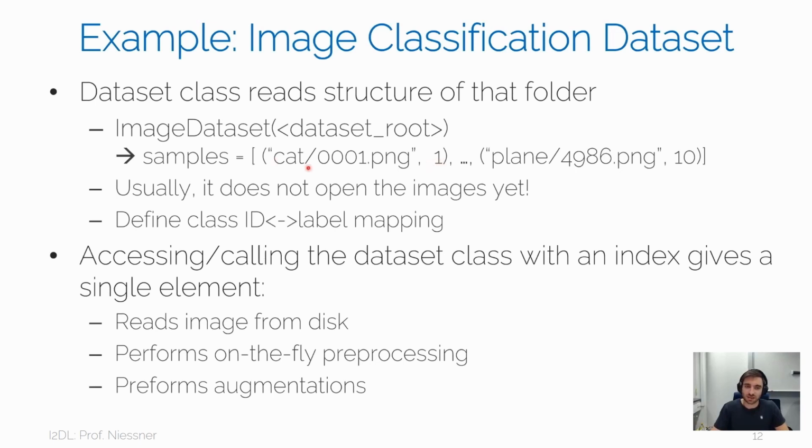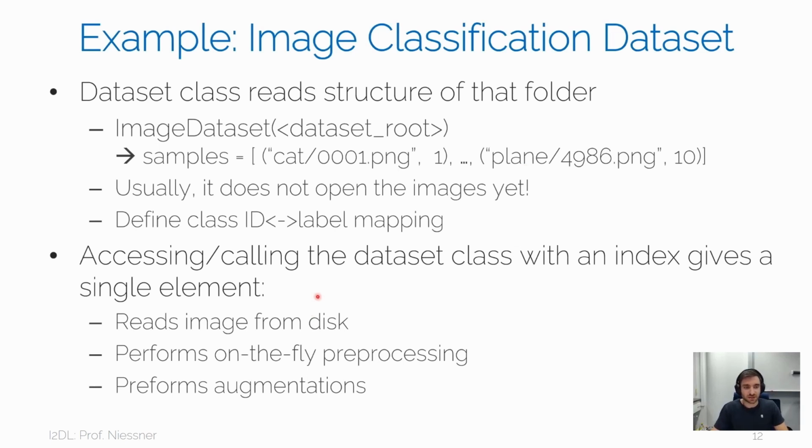For example, cat is going to have a class ID of 1, and plane is going to have the class ID of 10. When you initialize this class, usually it only reads the file names, but does not really open or read the images, because that would consume quite a lot of memory. It also defines a mapping between class IDs and class labels, as I just described. So 1 maps to cat and 10 maps to plane, for example.